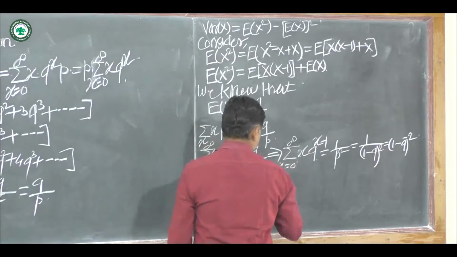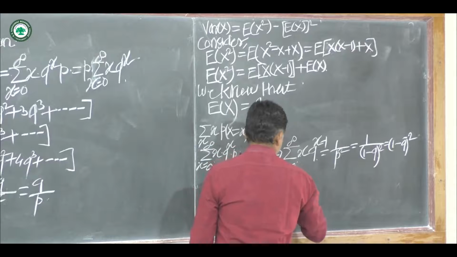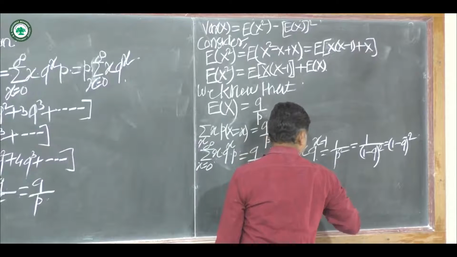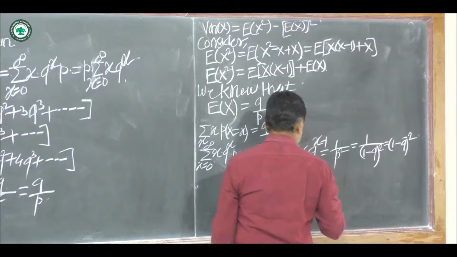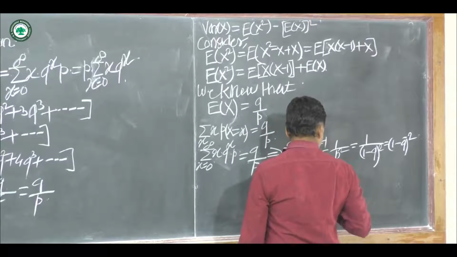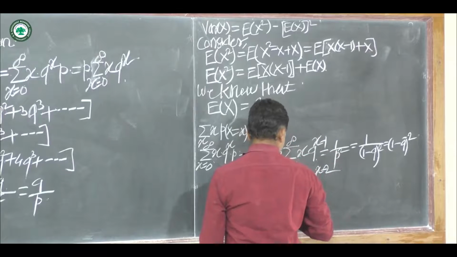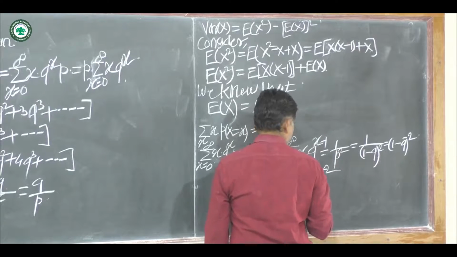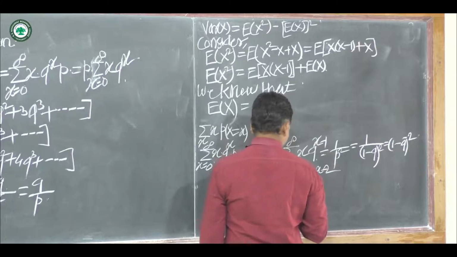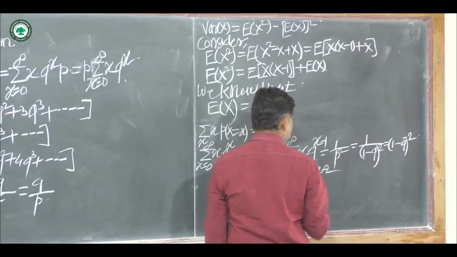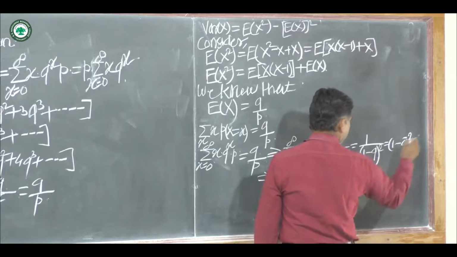Now we differentiate this one. This is equal to summation of x into (x minus 1) into q raised to x minus 2, summation over x running from 1 to infinity, which is equal to the derivative of this term.